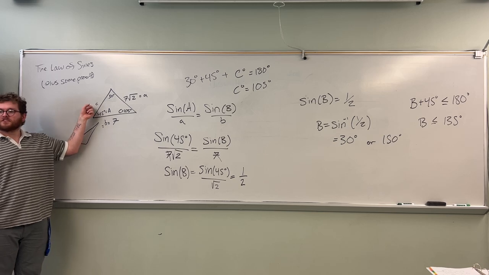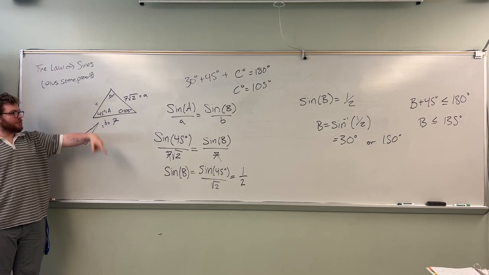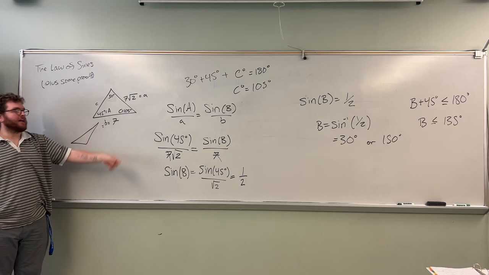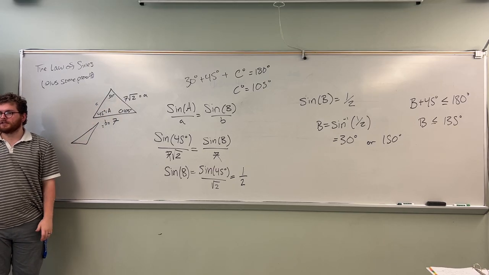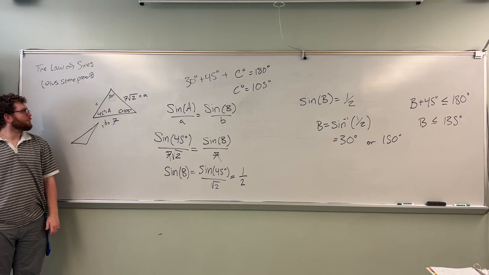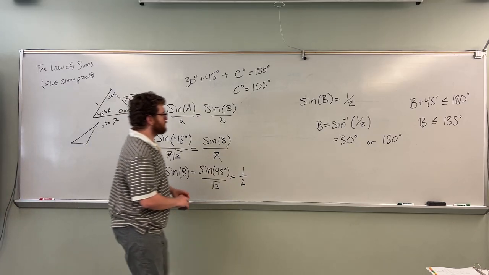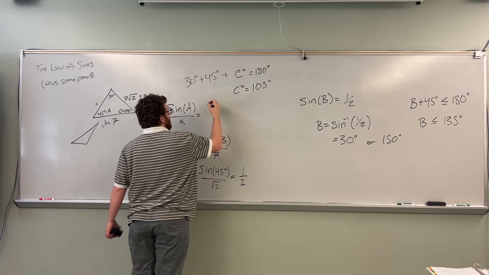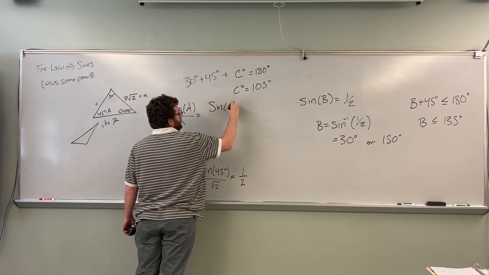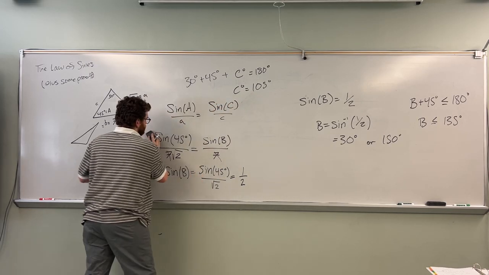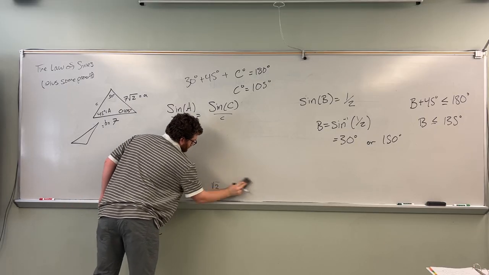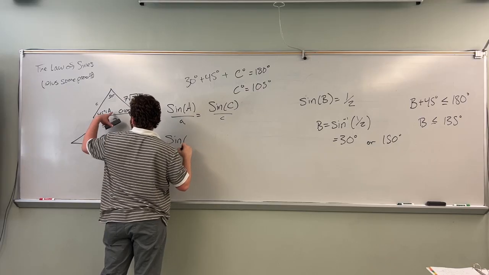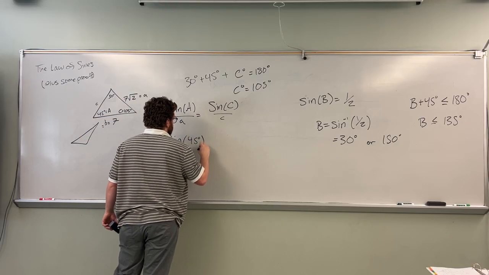And now I can solve for side length C using my law of sines. I can either use the B pair or I can use the A pair. Which pair would y'all rather use? A. Cool. So I have sine A over A equals sine of C over C. So this is sine of A, which is 45 degrees.